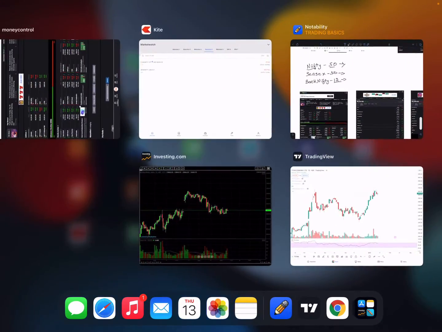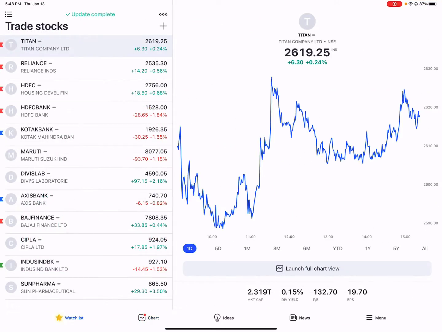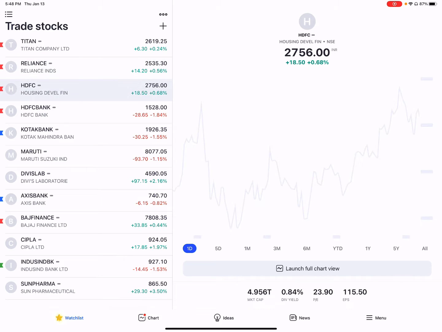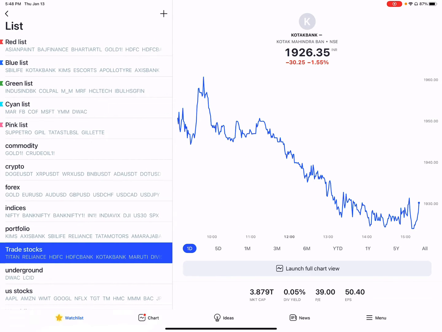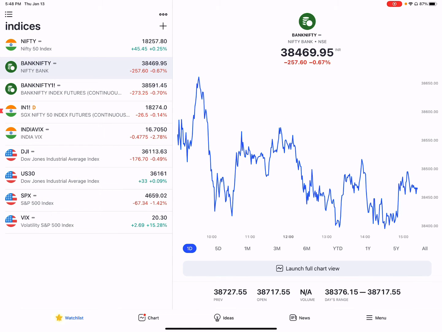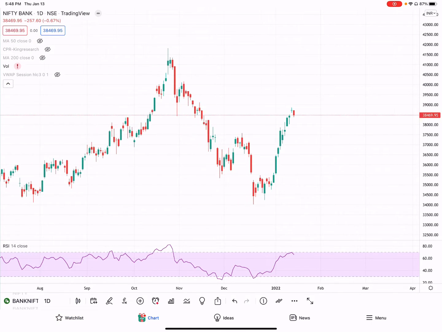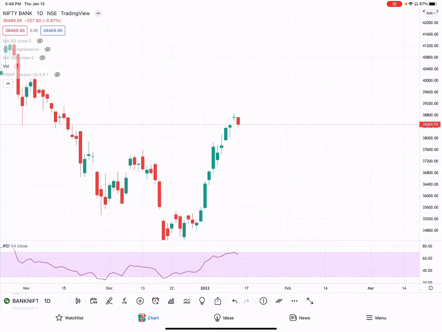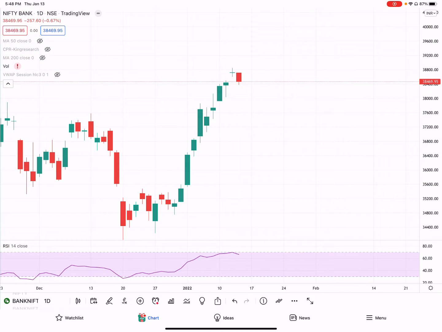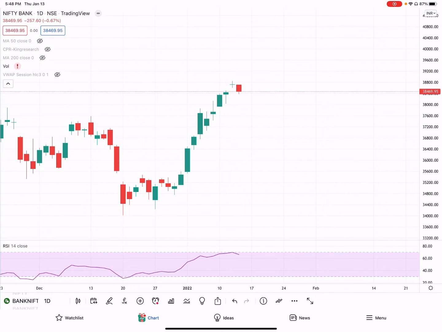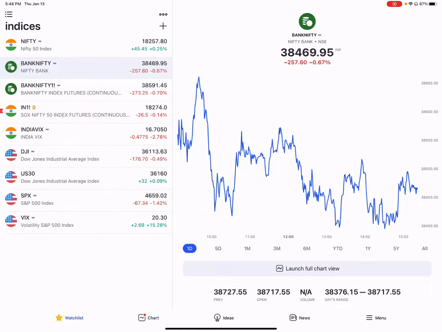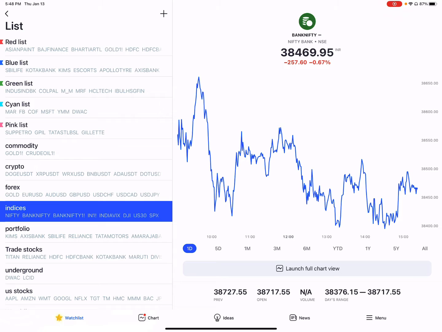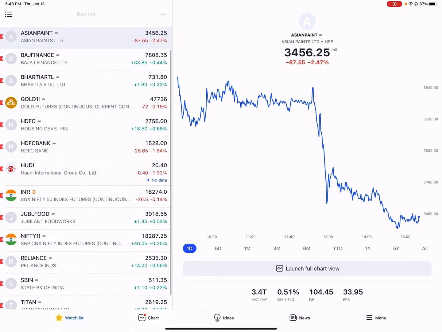I'll show you the difference between the indices. Titan, Reliance, HDFC Bank, Kotak, these are equities, these are stocks. And Bank Nifty is an index. You can see that Bank Nifty is continuously going green, because the banking stocks are performing well. A few of the major banking stocks would be HDFC Bank.